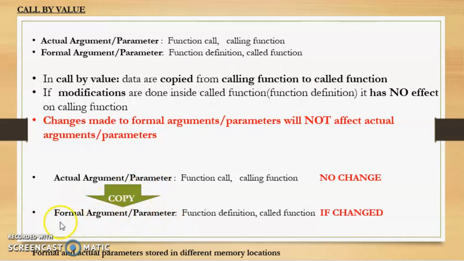As a result, if we make any change to the formal parameters, it will have no effect on the actual parameters because a copy of the variables was passed. Also, since a copy of the variables is passed, the formal and actual parameters will be stored in different memory locations. So we will learn this call by value with the help of a program.